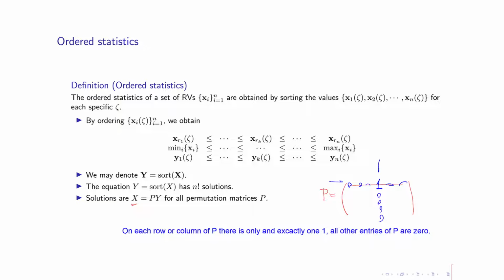On the second row, you could choose, say, this one to be 1, so everything else becomes 0. In total, you have n ones, and the remainder of the entries of p are 0. So this is a permutation. When you multiply p by y, you just change the order of the entries.